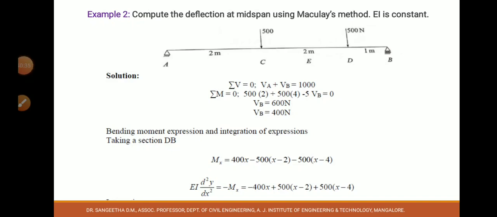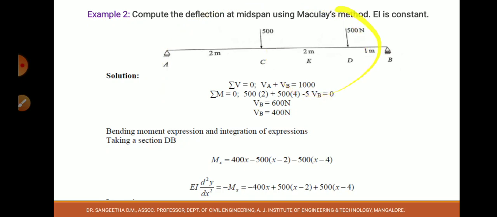Writing the bending moment expression, I will just repeat it once again. We have taken a section in zone DB and its distance from A is x. Now VA into x, that is 400 into x, because it is making clockwise positive.